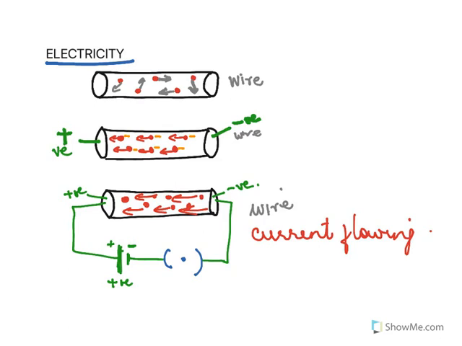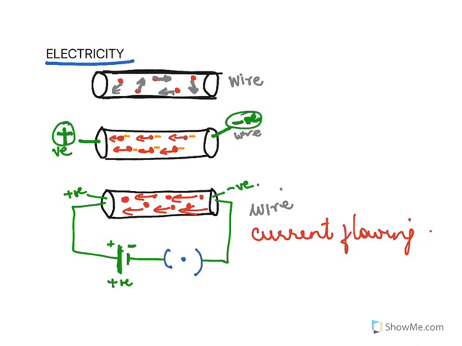Let's summarize what we learned. In the first case, we had just an ordinary wire which was not connected to any battery. It had electrons, and these electrons moved in all directions. But then to this wire, you made one end positive and the other end negative.